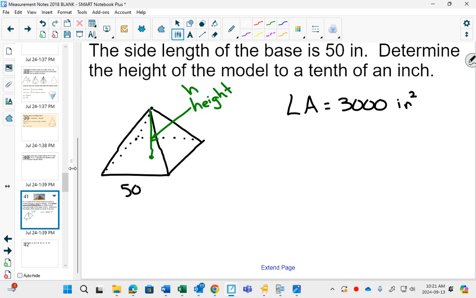So here is the idea that we could do. We could say, well, what could we figure out? I'll just put it down as the idea. Do you see that if you know the lateral area of all four triangles, you could find the area of one triangle?